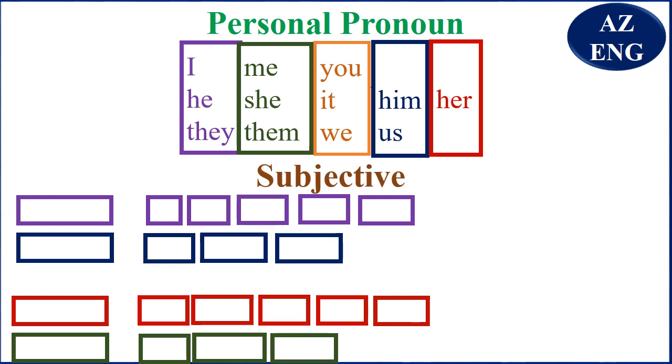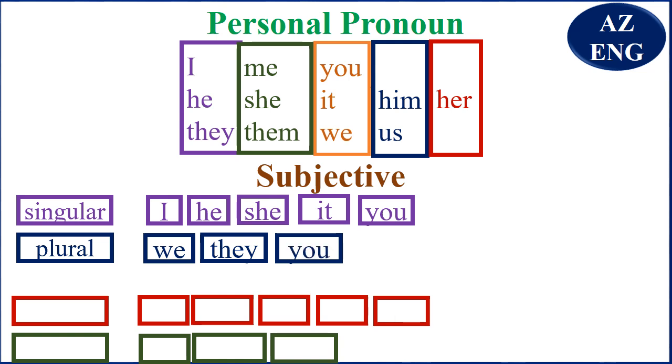So the subjective, we've got the singular, talking about being the subject. We've got I, he, she, it, and you. So the plural, we've got we, they, and you again.